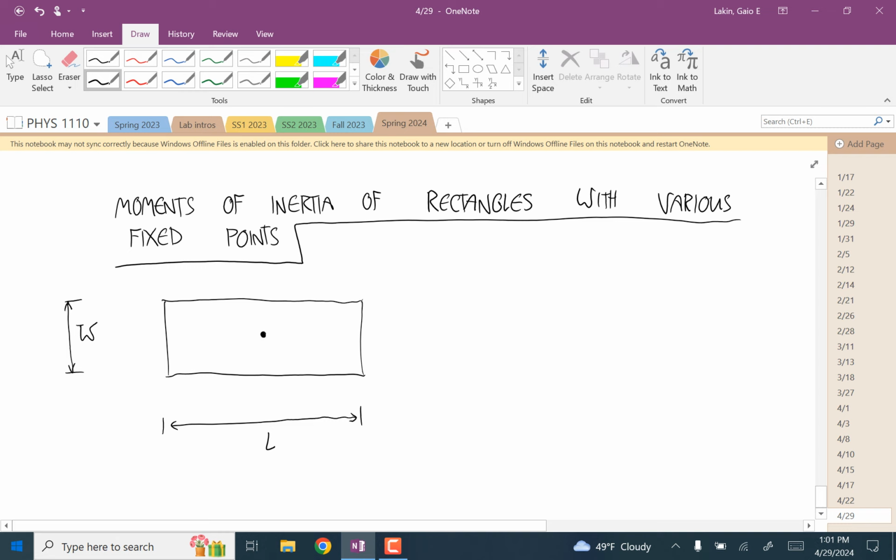So one, we'll call that A, is right at the middle. Then there are two that are equivalent here and here. Then there are another two that are equivalent here and here.